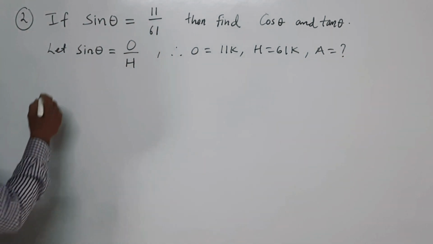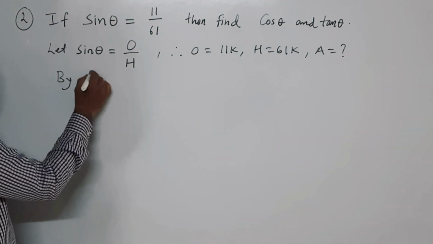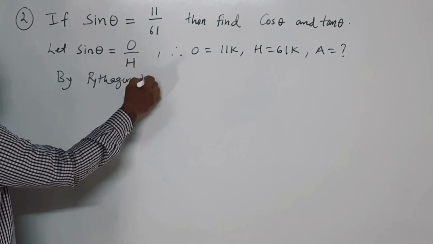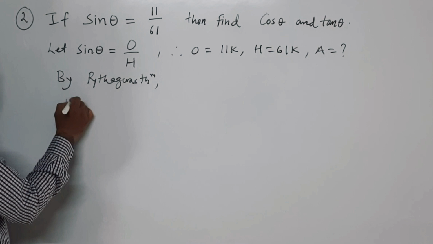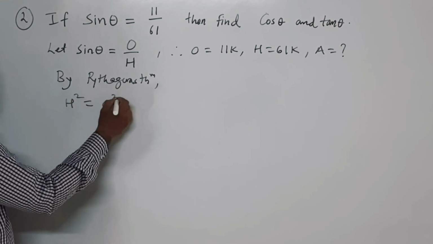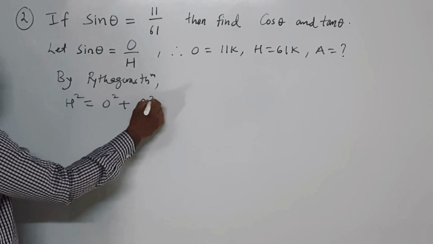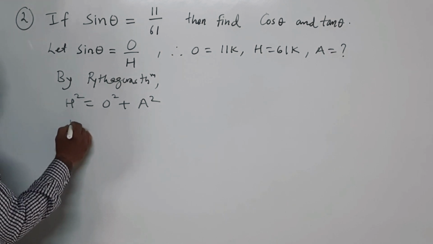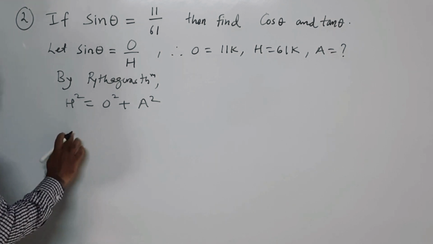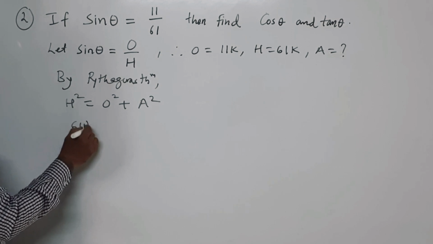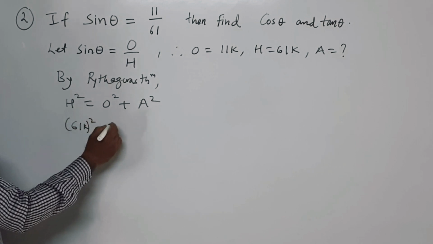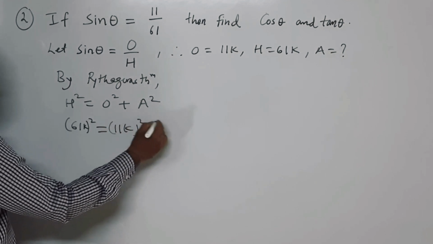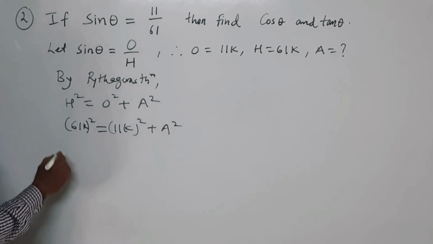So by Pythagoras theorem, hypotenuse square is equal to opposite side square plus adjacent side square, that is (61k) square is equal to (11k) square plus a square.